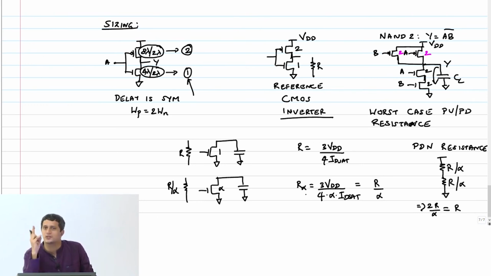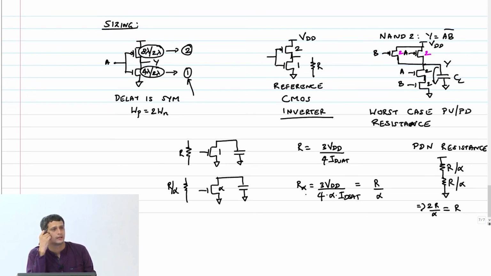So the worst case is one of the transistors pulling up, and therefore I can keep that size to 2, because that is the same as the reference CMOS inverter, where I have one PMOS pulling up with a size 2. Here again the worst case is just one PMOS, and therefore I can make both PMOS sizes 2.